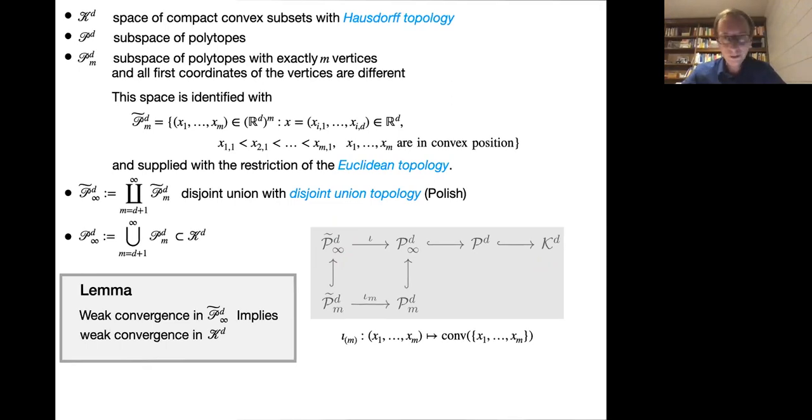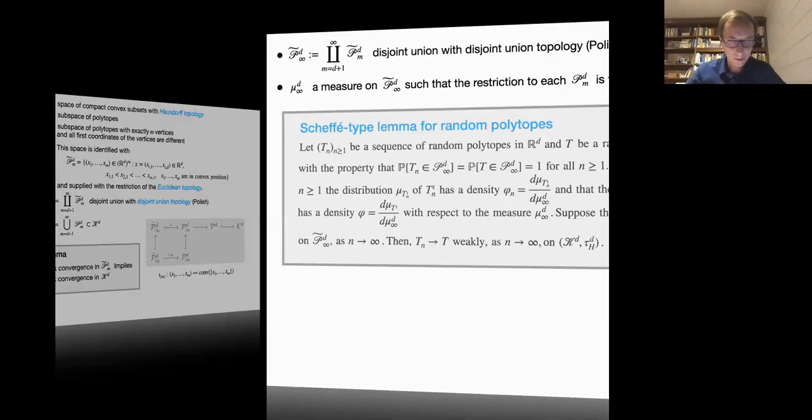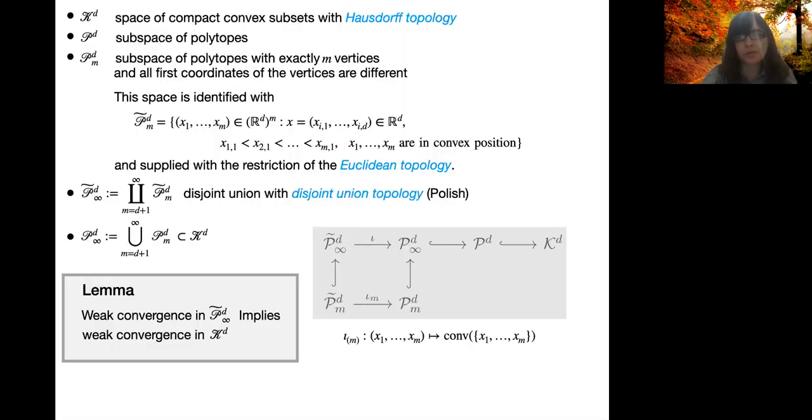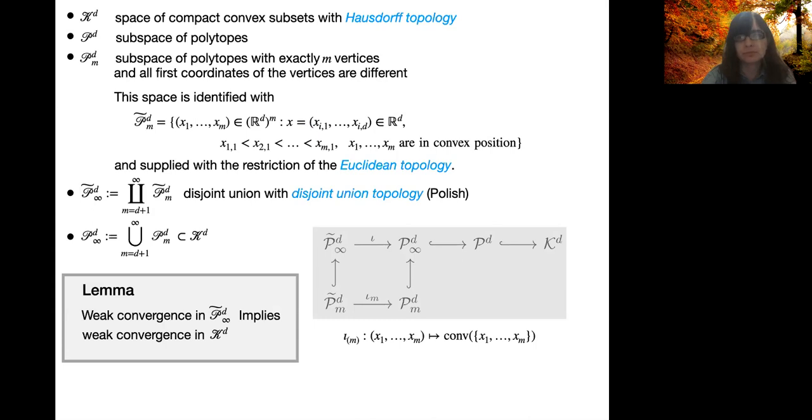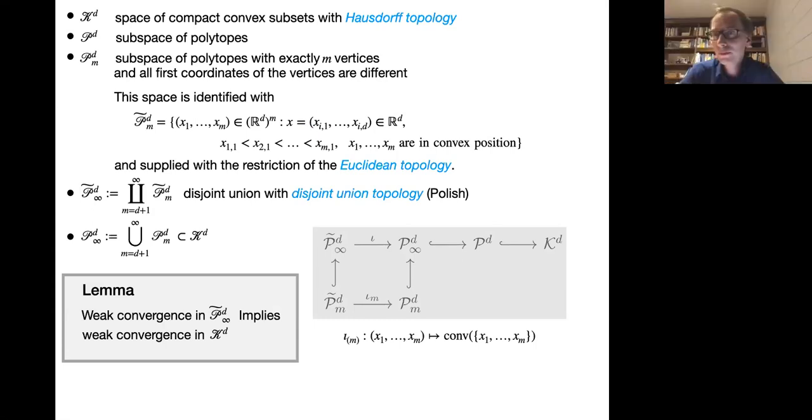Working with the support functions of the polytopes would be much harder. We have no access to the support functions. That's one of the problems. You don't have access to many things.